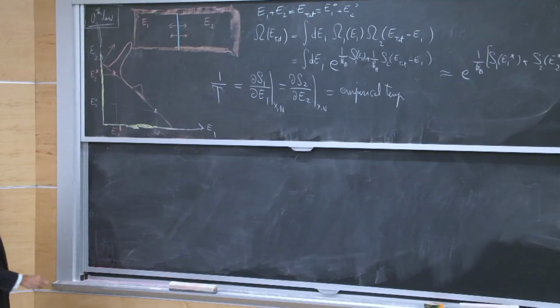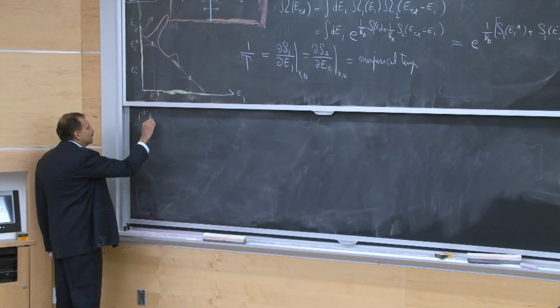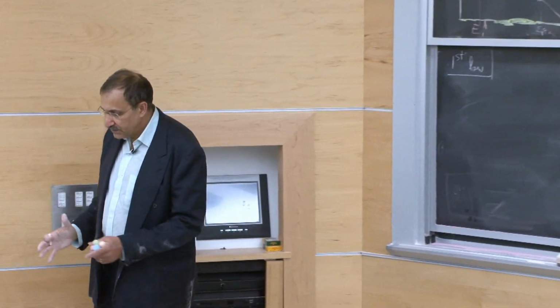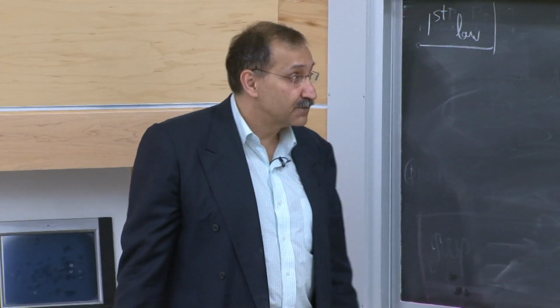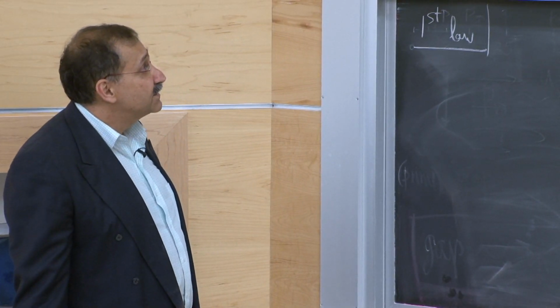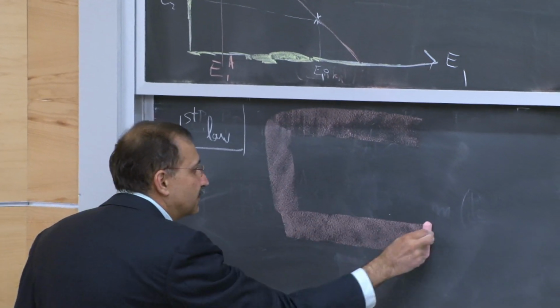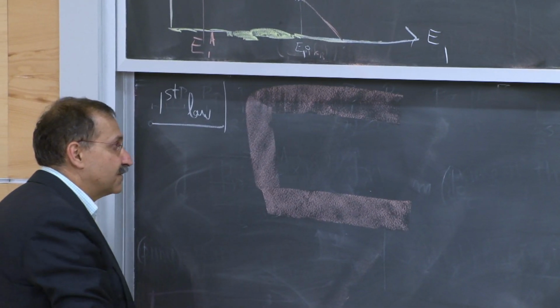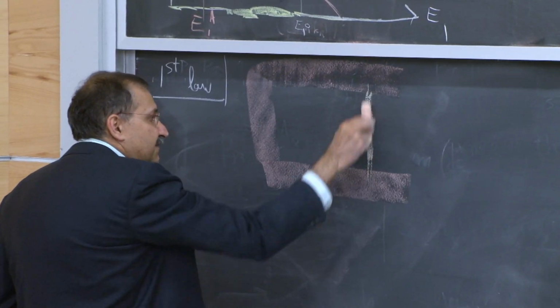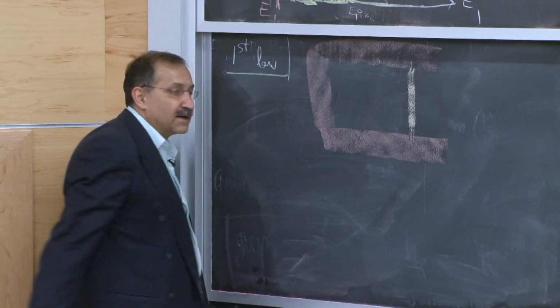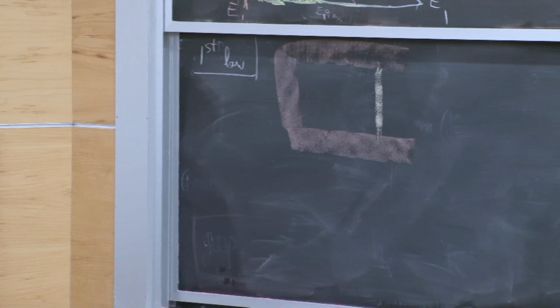Okay. The next thing is the first law, which had something to do with the change in the energy of the system when we go from one state to another state, had to be made up by a combination of heat and work. So for this, let's expand our system to allow some kind of work. So let's imagine that I have something, let's say if it is a gas, and the quantity that would change if there is work done on a gas is the volume.